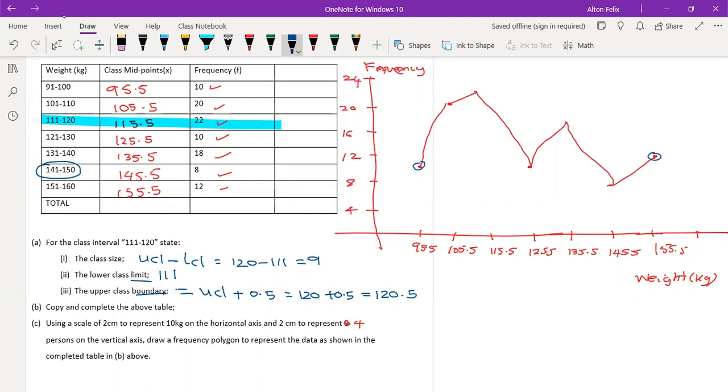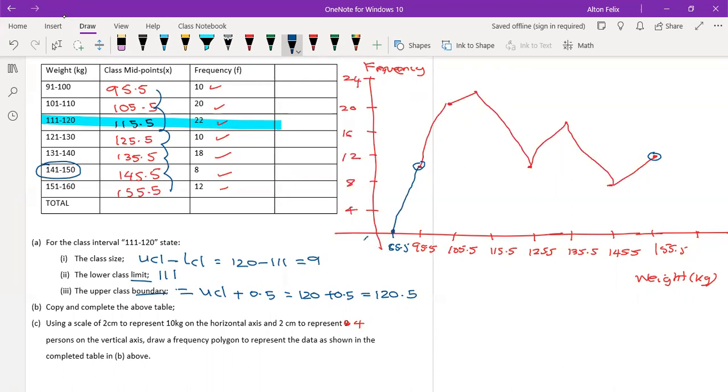Now, how do you do that? Notice we did say each of these went up by 10. So we need to bring this first point back by 10. This will take us to 85.5. And we simply connect this straight down to this point here on the x-axis.